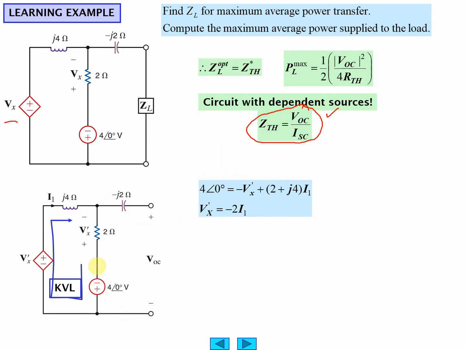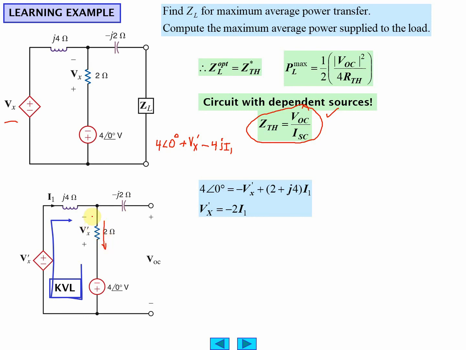So the way I do it is I look at, we have a rise in voltage, so 4 angle 0 degrees here, going from here to here, and then we have another rise in voltage, plus Vx prime, then we have a drop, minus 4ji1, and then I look at it as a drop here.